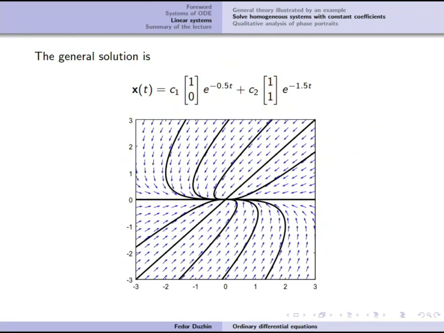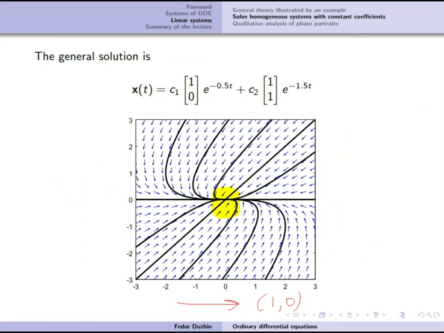And here is the actual phase portrait. Notice that, again, we have (1, 0). So let me write it here: that's the vector (1, 0). Notice that in the neighborhood of the origin, all solutions do approach the origin, but when they come close to the origin, they are tangent to the vector (1, 0).